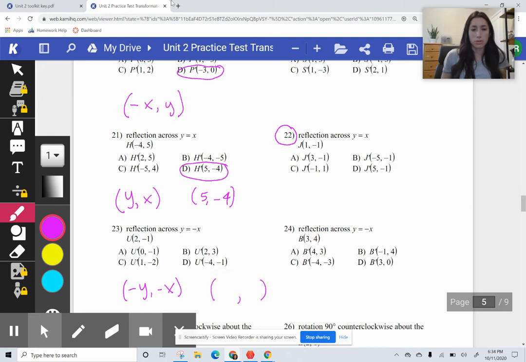I'm going to put 2 here, and I'm going to put 1 here, and then let's change the sign. So 2 was positive, so let's make it negative. And 1 was negative, so let's keep it as a positive. We're changing the sign. So then I would have (1, -2). All right, take a moment and answer question 24, and you are using the same rule.